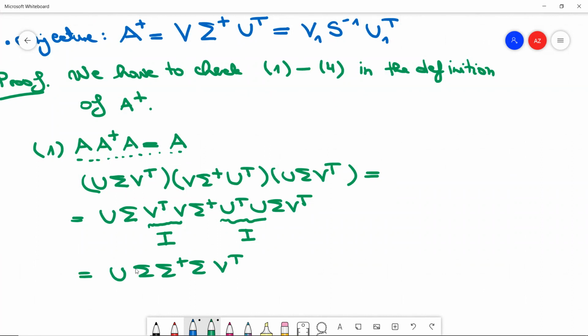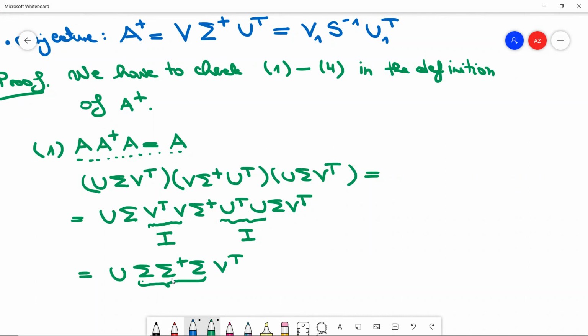But what is this sigma plus sigma? The easiest argument without any computation: I could use one case from last hour. We had sigma, and we already said that its Moore-Penrose inverse is sigma plus, which is just transposing and inverting the diagonal entries.